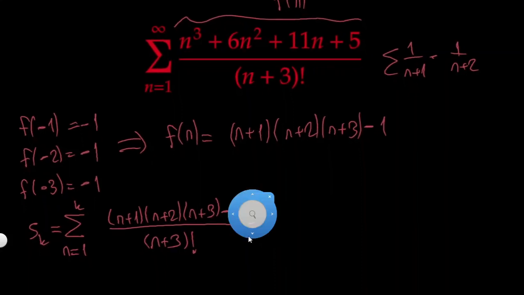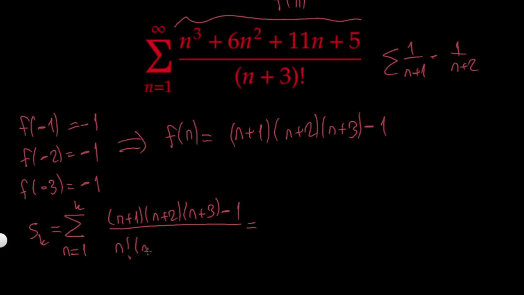Okay, so if I try to simplify it, if I separate it with just this minus, from the first part I will have all of these canceling kind of. Let's rewrite this n plus 3 factorial. It's going to be n factorial times n plus 1, n plus 2, n plus 3. So actually, yeah, they simplify a bit nicely. We will see if it actually works.